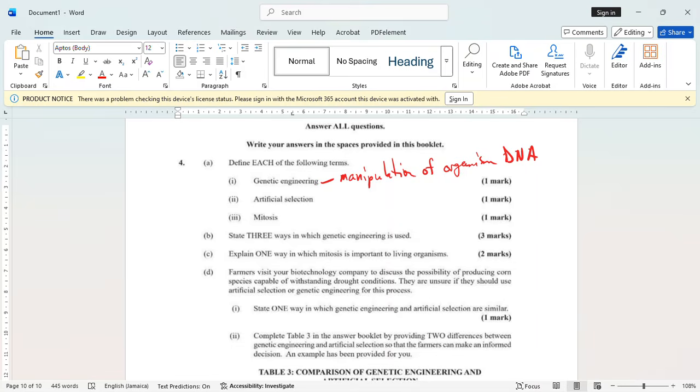And again, if you eat the tilapia or if you consume corn, these are also modified. But yeah, so artificial selection, what is that?